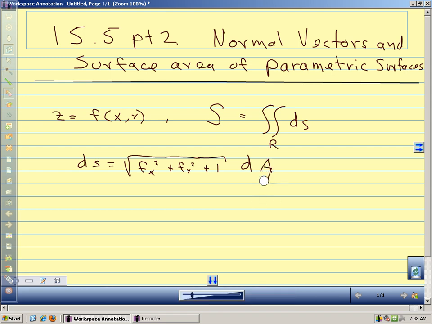So this is how we found the surface area of a surface defined explicitly, z equals f of x, y.